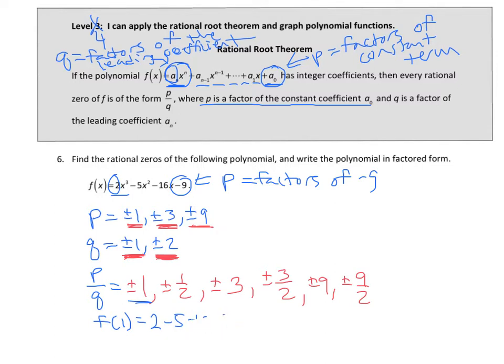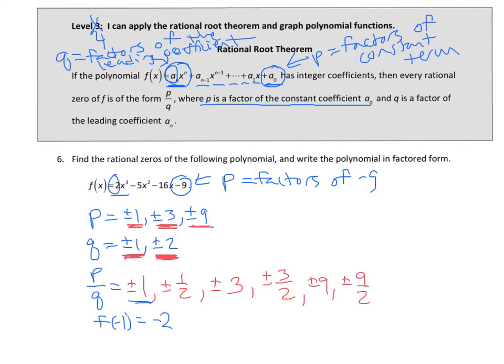I'm going to erase that in the interest of space and try another number. I'm going to try plugging in -1 and see if that gives me 0. If I plug in -1 to all these x's, 2 times -1 to the third is going to be -2.